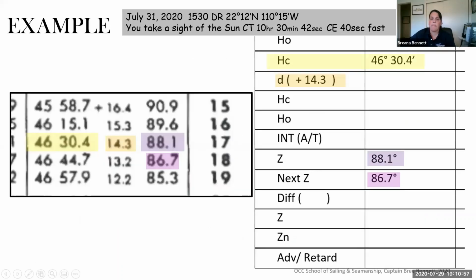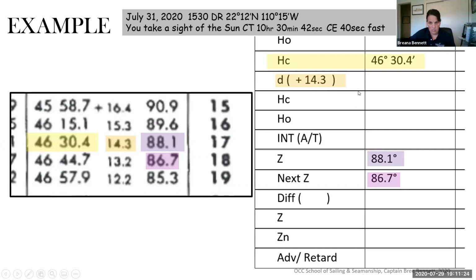Oh, good, I have it. Okay, so we have HC for our 17, the whole degree for declination was 17. So we had 17 degrees 30.4 minutes, and then our little d was adding 14.3. So we're going to put that in right there.